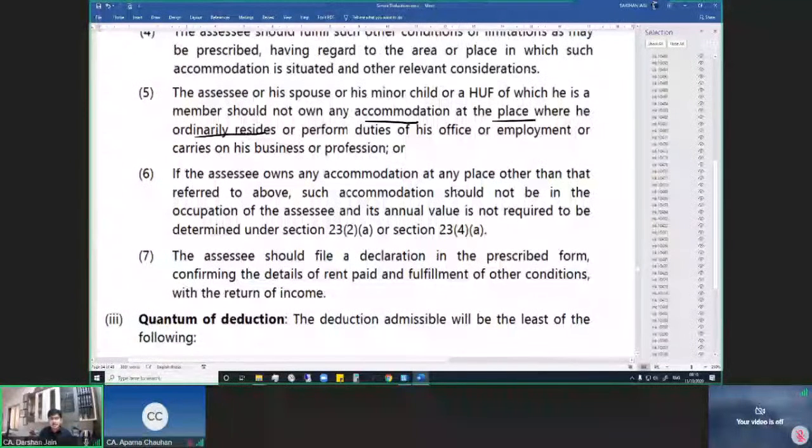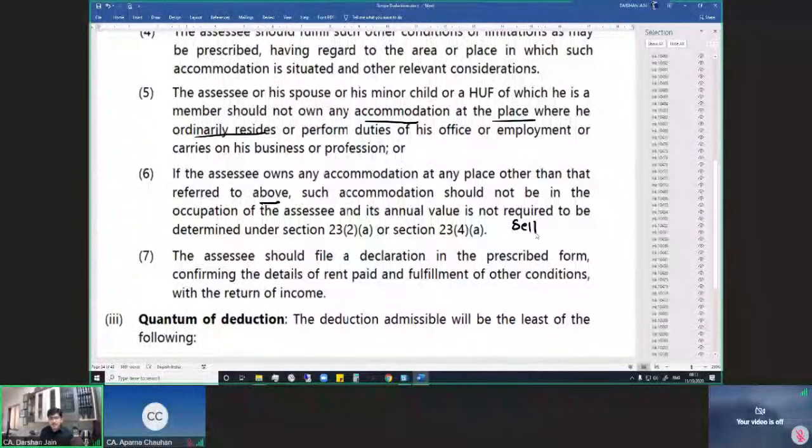If the assessee owns any accommodation at a place other than the place of his ordinary employment, he can claim deduction under section 80GG, provided the house that he owns is not claimed to be self-occupied.